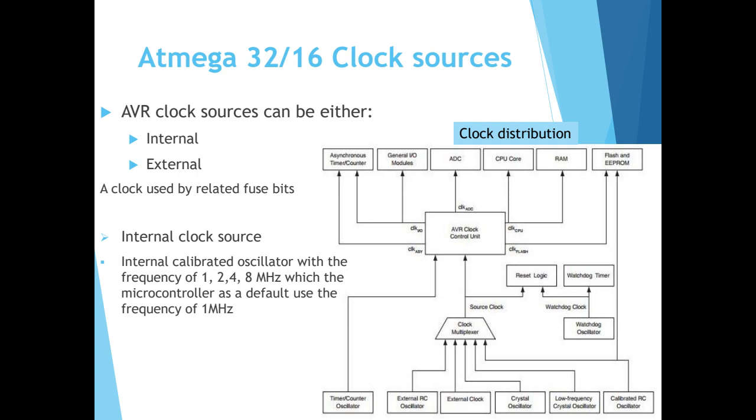If you want 1 megahertz, then you will fix it on 1 megahertz. If you want to change to other values, you can change it by pushing the related option for changing the frequency of the internal clock source.